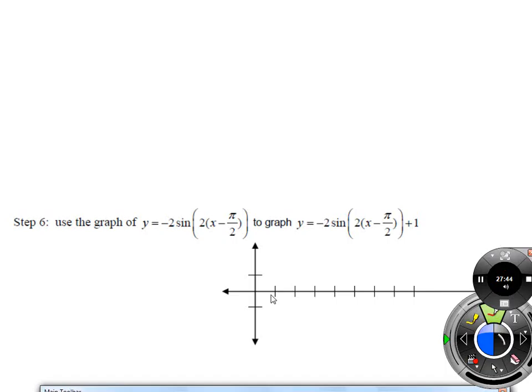So on our graph, let's see. We had the middle of our function marked on those 3 points. That's now going to be at 1 because we're taking the whole graph as an entity, one thing, and moving it up 1. So those points will now be here.